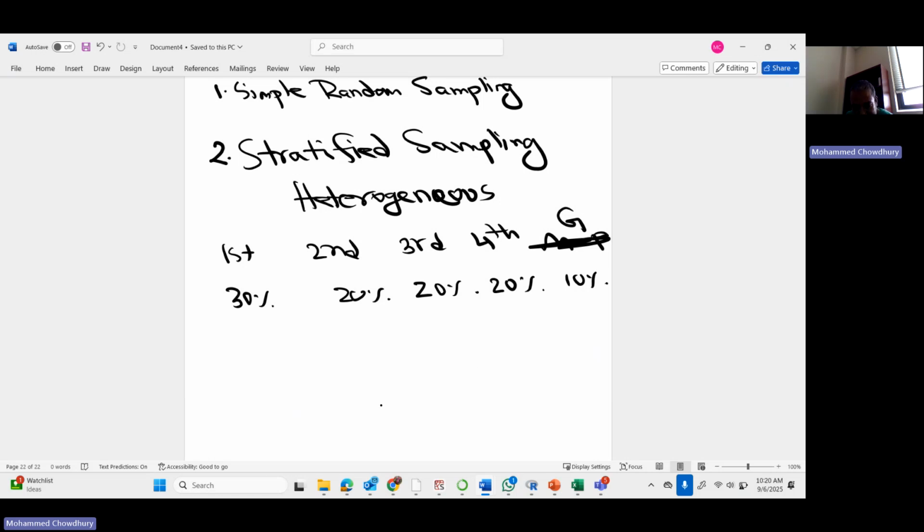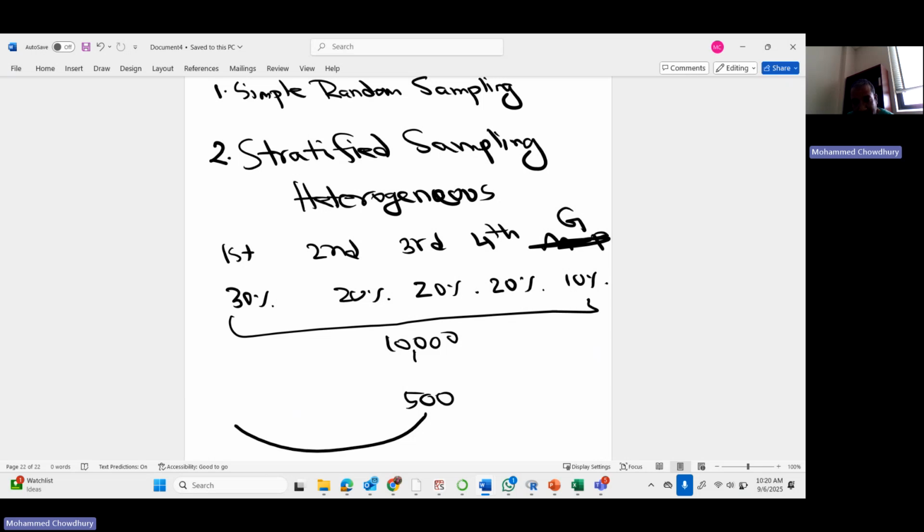Suppose there are 10,000 students altogether, and from these students I want to take a sample of size 500. The 500 sample would be representative of this proportion, so that approximately 30% of those 500 come from first year, approximately 20% from the second year, approximately 20% from the third year, and similarly.